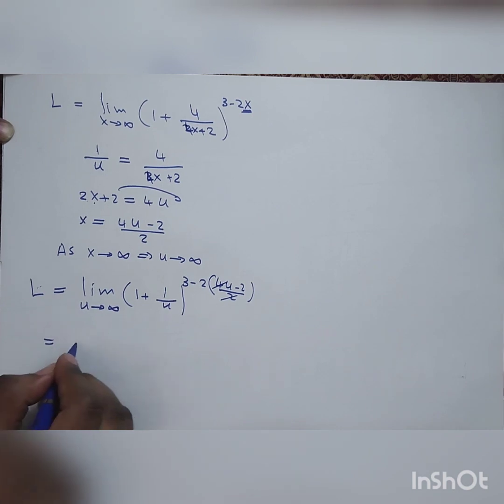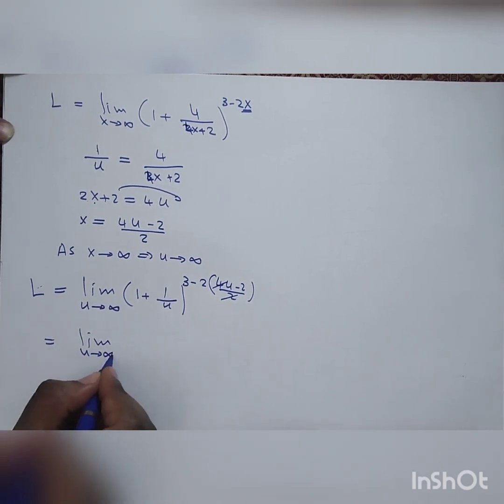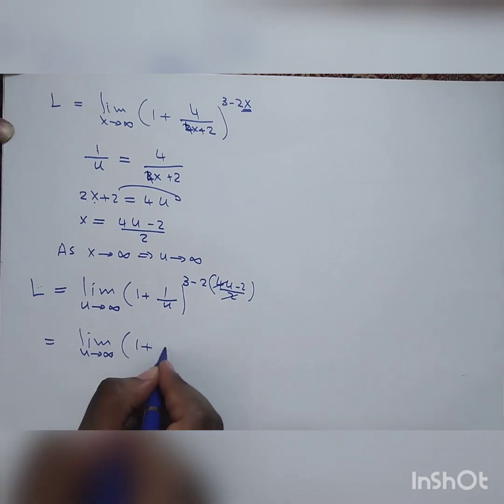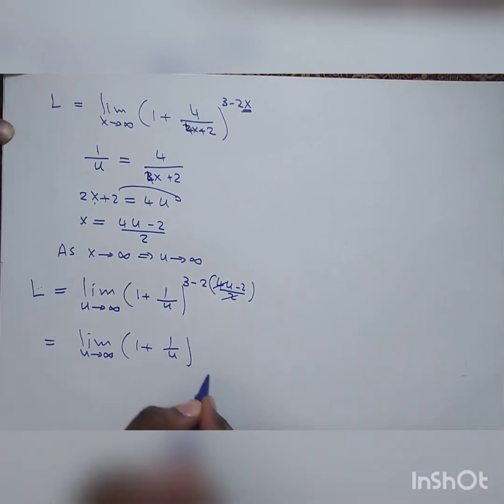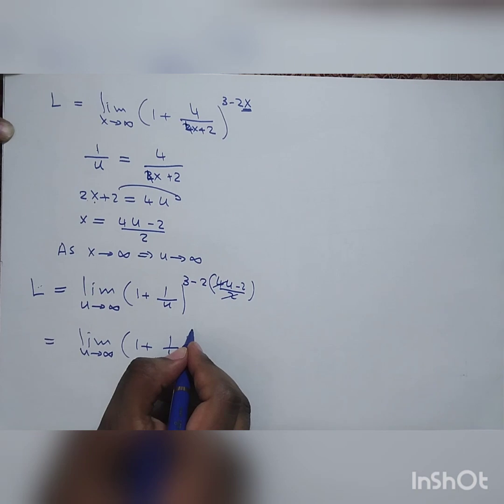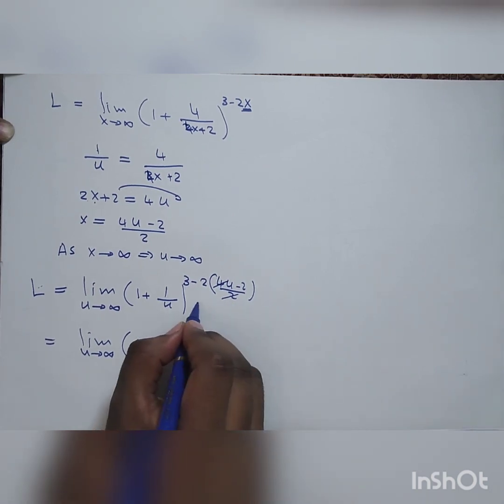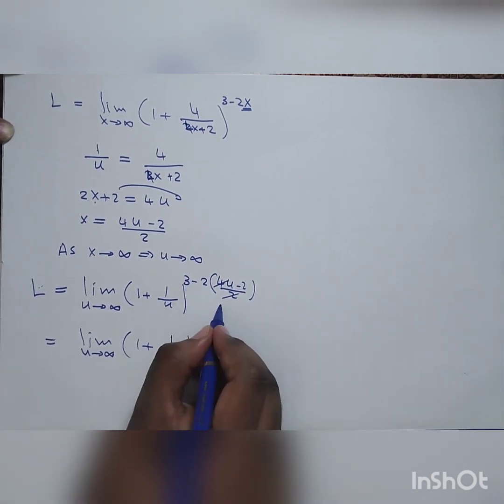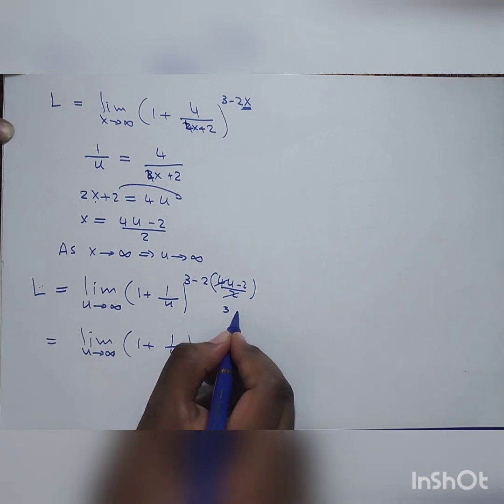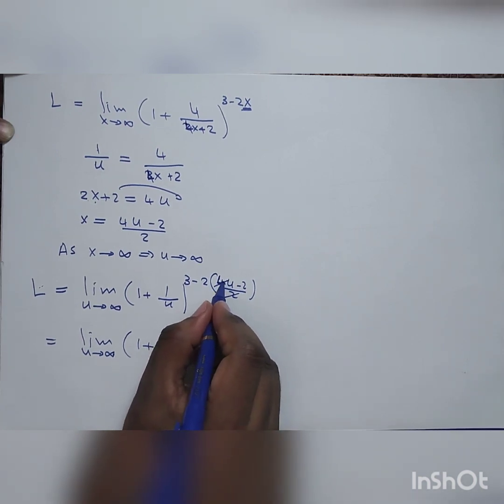So the next step is the limit as u approaches infinity of 1 plus 1 over u. Now we can do this algebra and write the final answer. We would have 3, no, sorry, that was wrong.